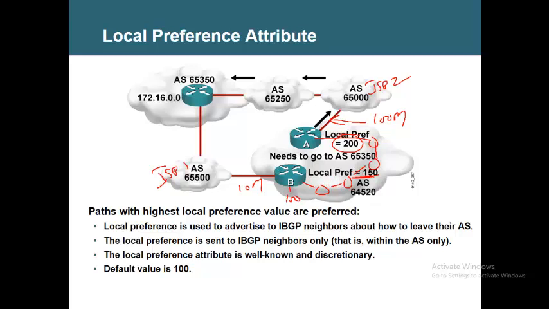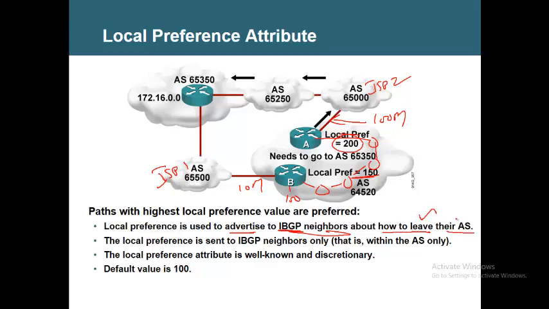You need to provide a number bigger than 150 on A. Now, as soon as you configure this on A, this will be advertised to all IBGP neighbors, and all the IBGP neighbors will know how to leave their autonomous system.